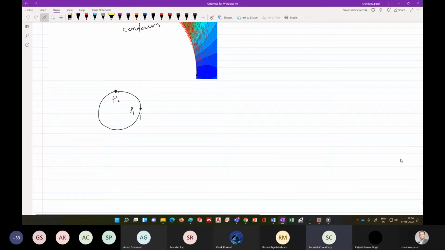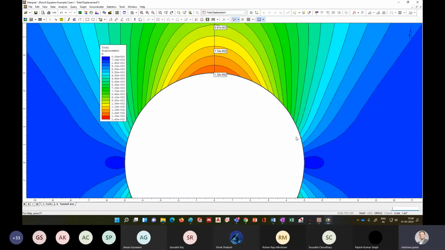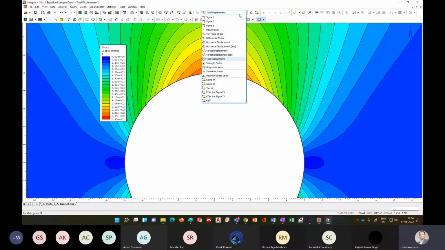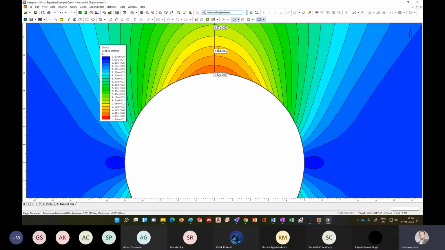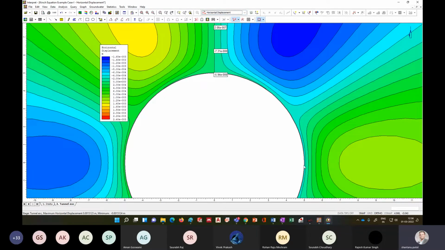Yes, sir. So can you tell me what contour I'm going to see? In the drop down menu, what stresses will I be looking for, or do you think that if I plot my horizontal displacement, then I can see what the stresses are here?